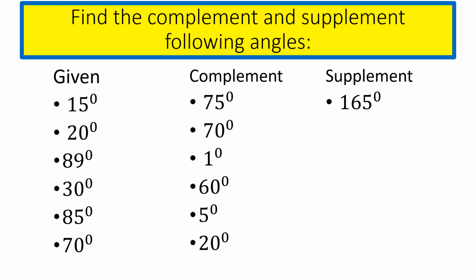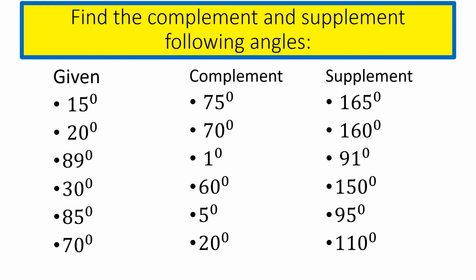The answer is 165. 20 to make it 180, the answer is 160 degrees. 89 to make it 180, we have 91 degrees. 30 degrees to make it 180, the answer is 150 degrees. 85 to make it 180, the answer is 95 degrees. And 70 to make it 180, the answer is 110 degrees.